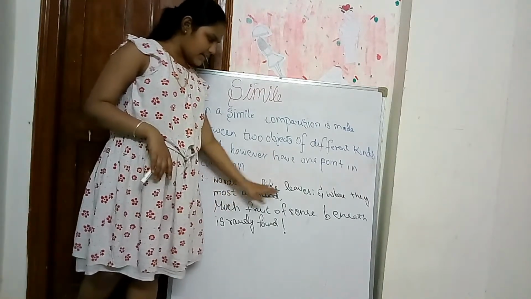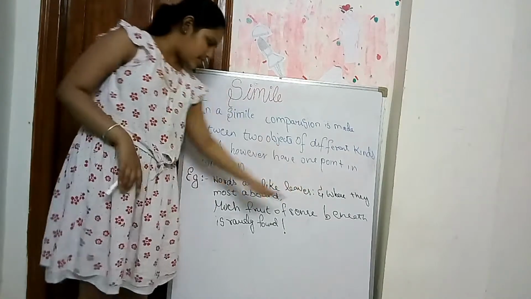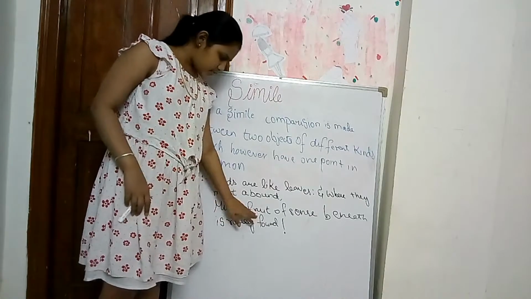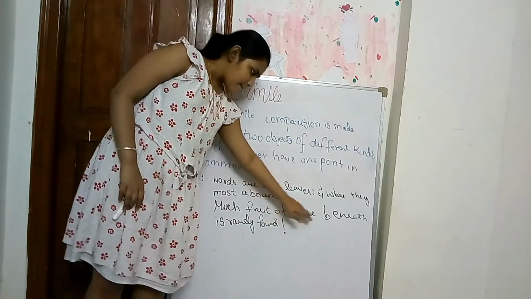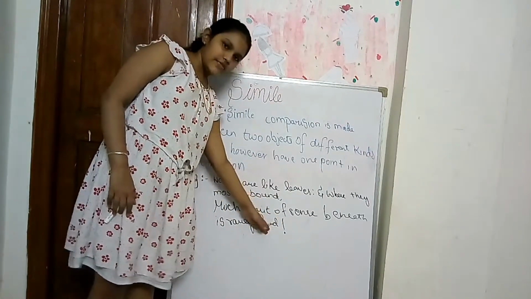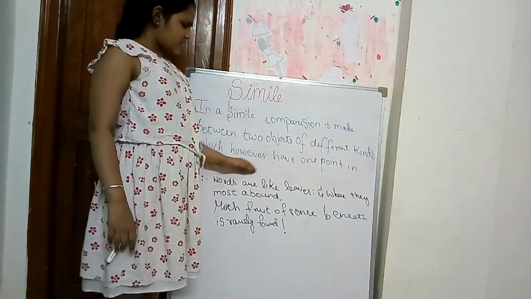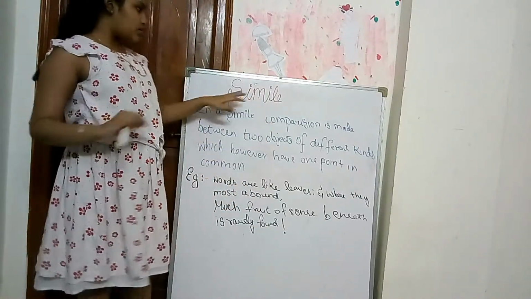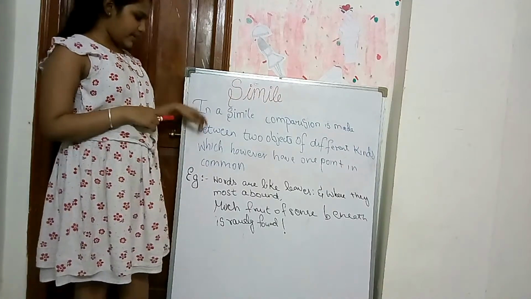Words are like leaves, and where they most abound, much fruit of sense beneath is rarely found. You must be thinking this is a kind of rhyming word or something like that, but it's not. It's a simile only.